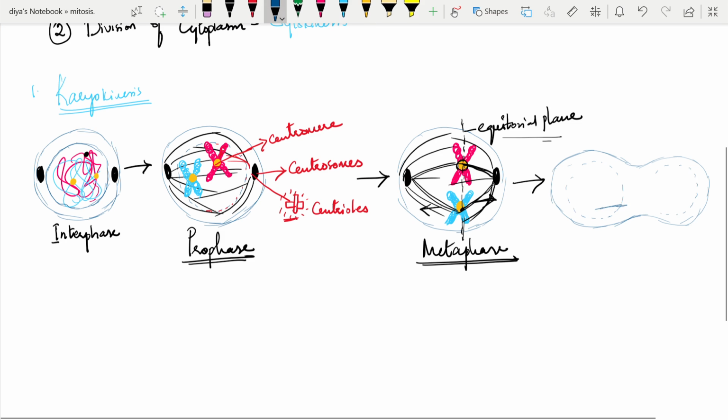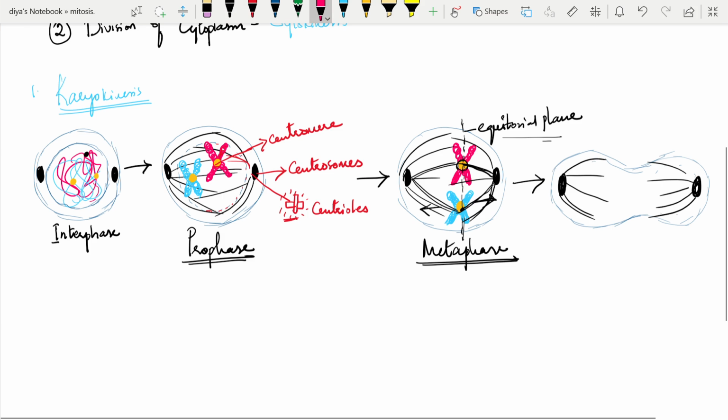Here what happens in this phase is, in anaphase, these chromosomes move apart. These are the centrosomes, these are the spindle fibers.